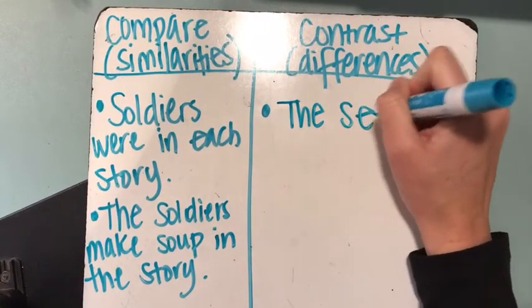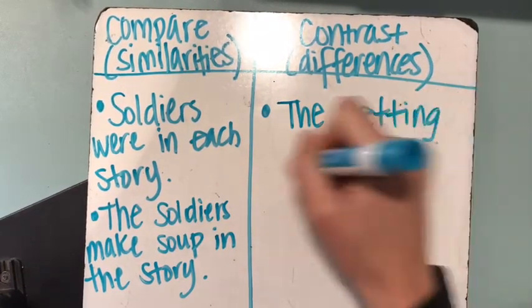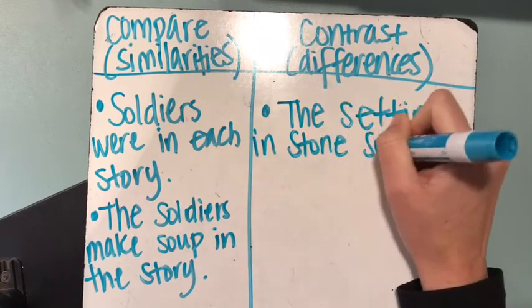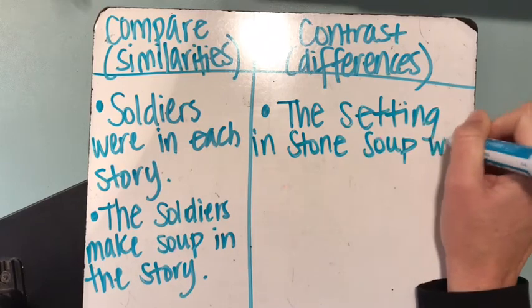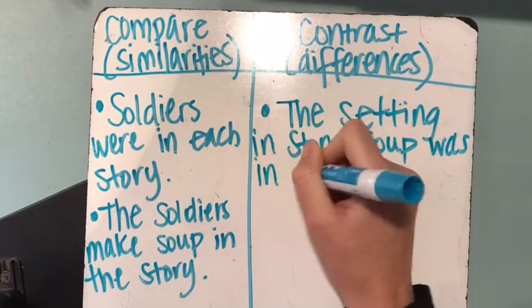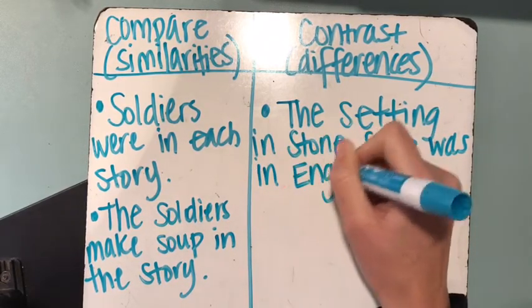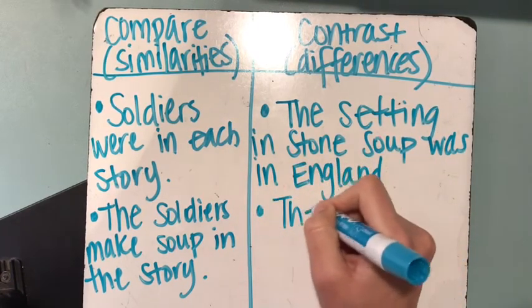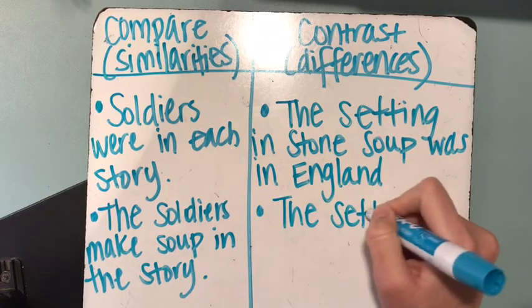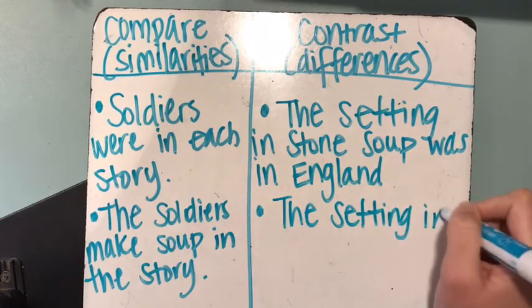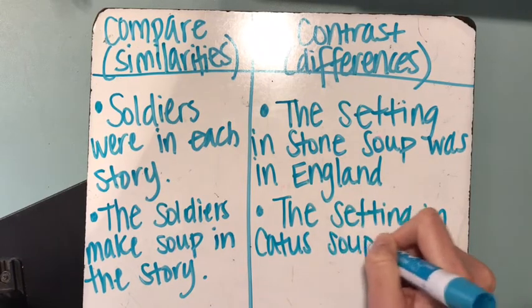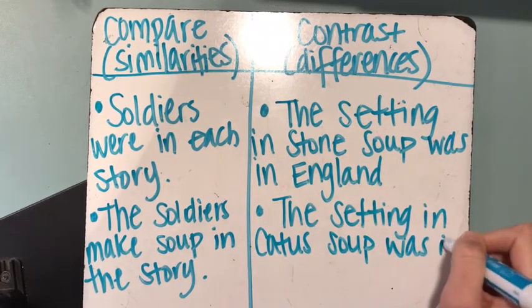The setting in Stone Soup was in England, and the setting in Cactus Soup was in Mexico.